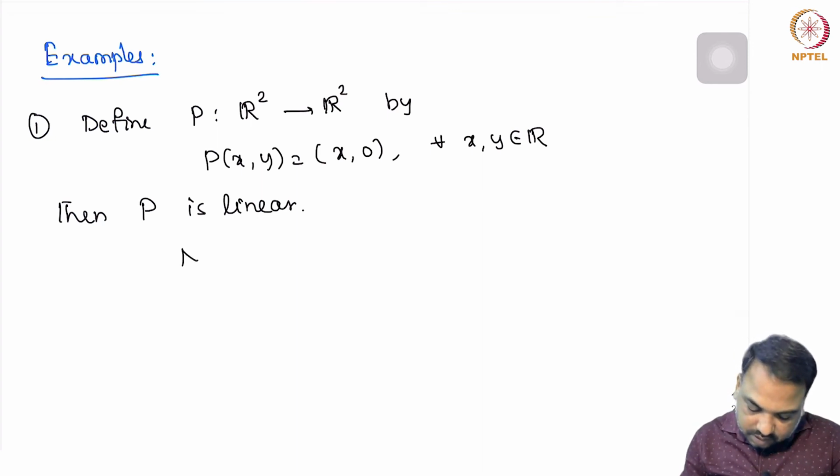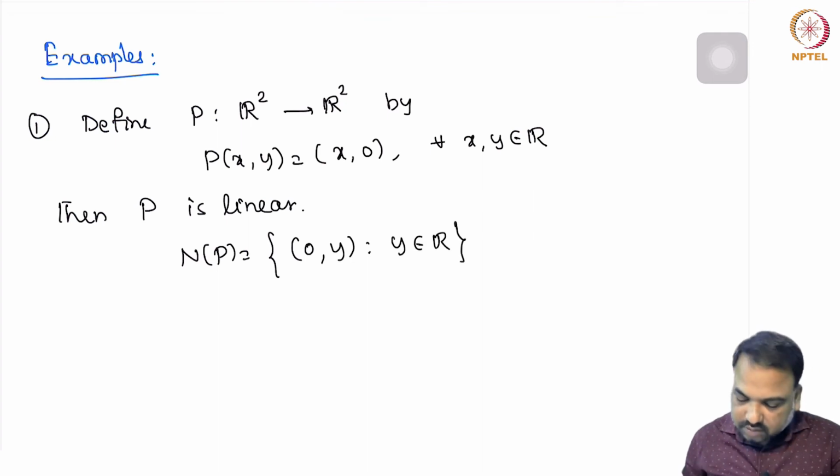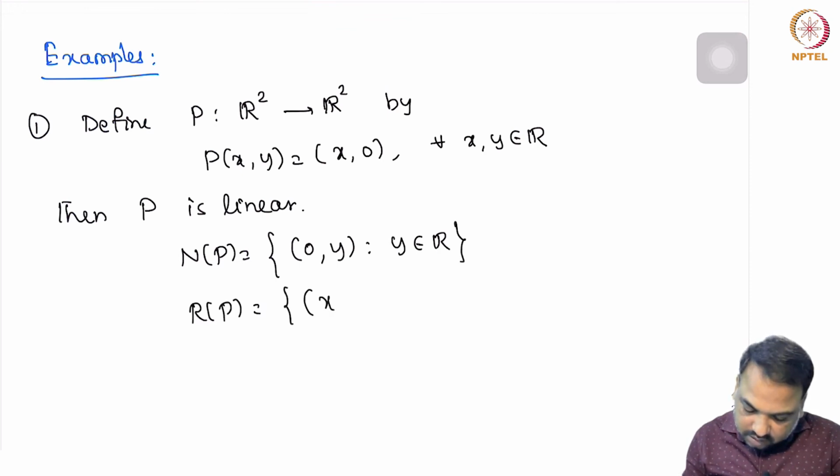So the null space of P in this case is 0y, because P of xy equal to 0 0 means x should be 0, and the range space of this is the x-axis.